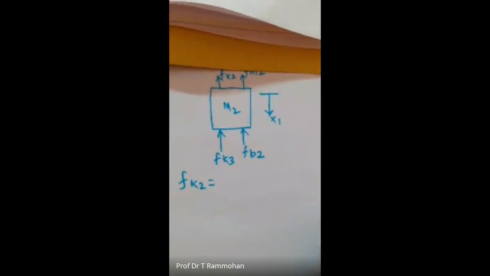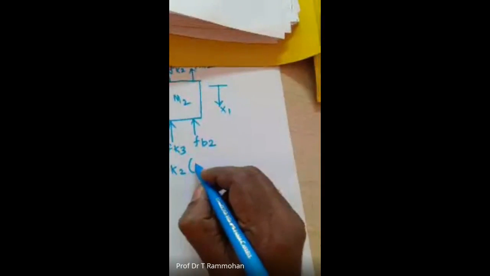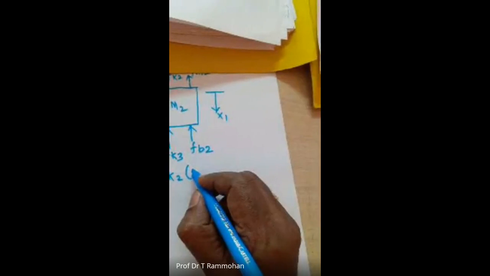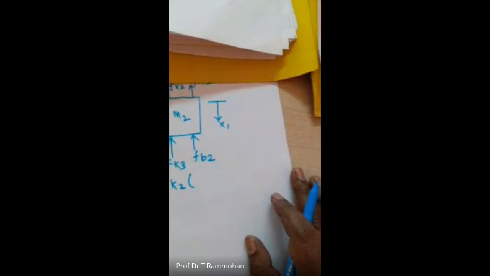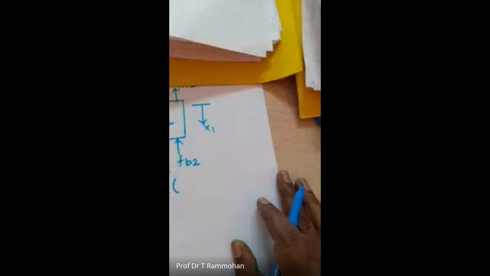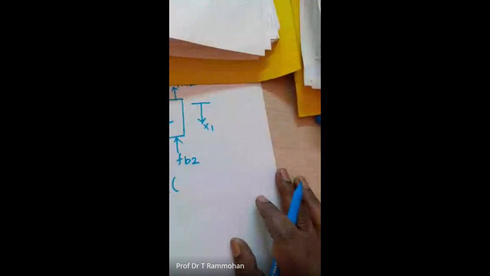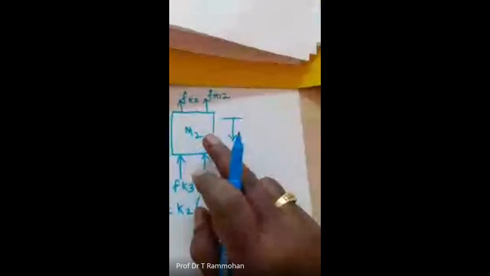K2 into x1 minus x2, sir. Okay. You are saying that FK2 equal to K2 into x1 minus x2.